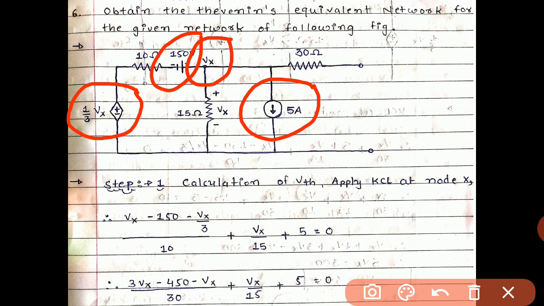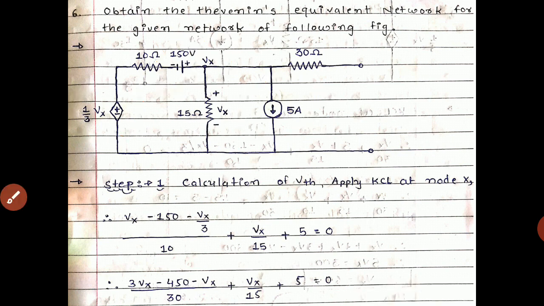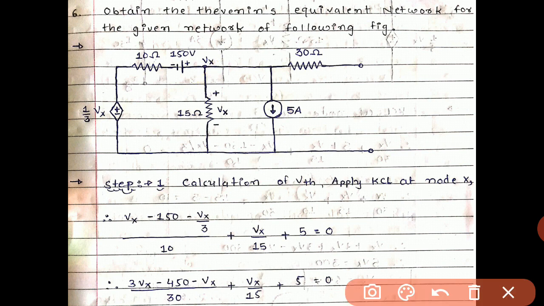In this phenomenon, we clearly understand that all the currents come from the outside. The value of current entering is first of all Vx minus 150 minus Vx by 3, because all three are voltage values. The main voltage value we take over here is Vx, which is already given in the figure.